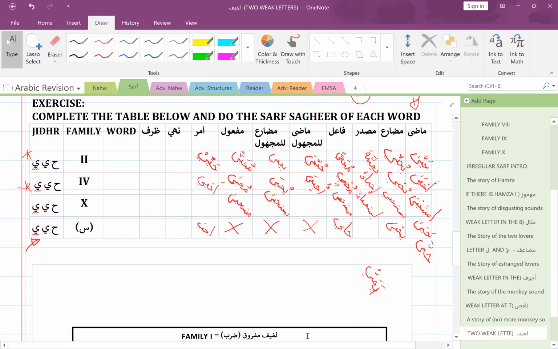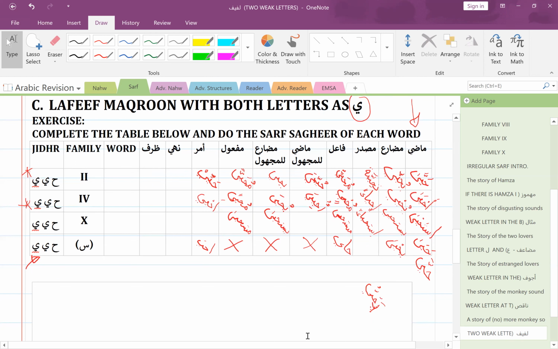I have a question. In the Sami'a family, Sami'a yasma'u, can we walk through how the Madi became haya? It's not hayaya; it's haya, if it's naqis.